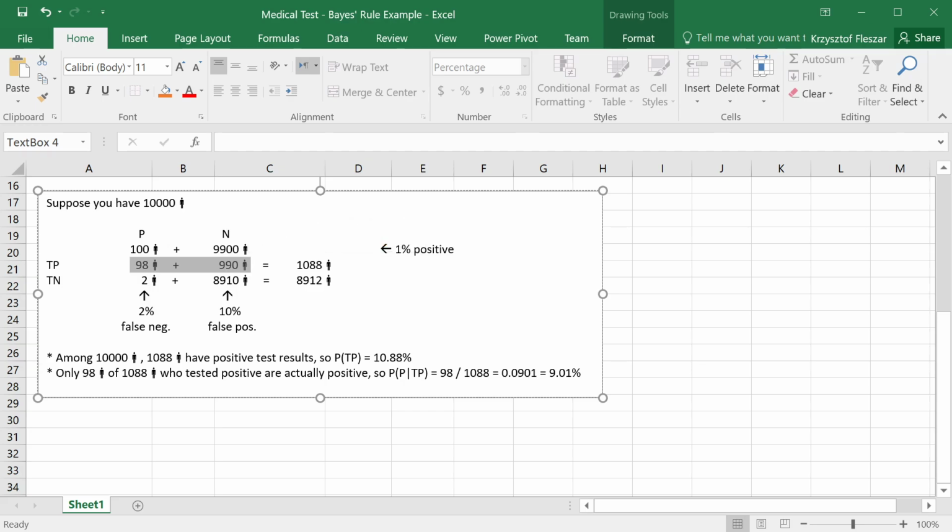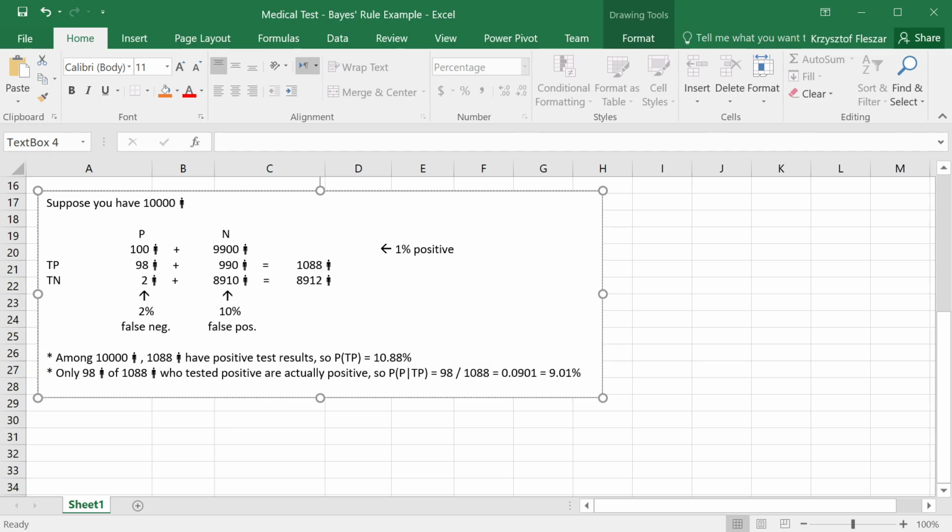The other thing that would affect it is if the sensitivity was higher, not just 98%, but maybe 100, and if the specificity was higher. So the false positives, the 1 minus specificity, which is 10%, if this was smaller because of a better correct identification of negative cases, this would also help drive this probability much higher.